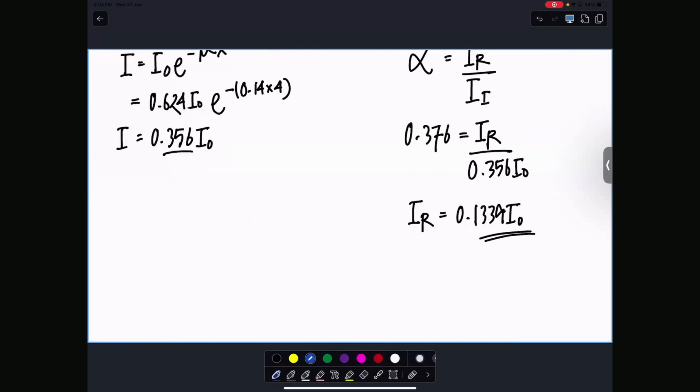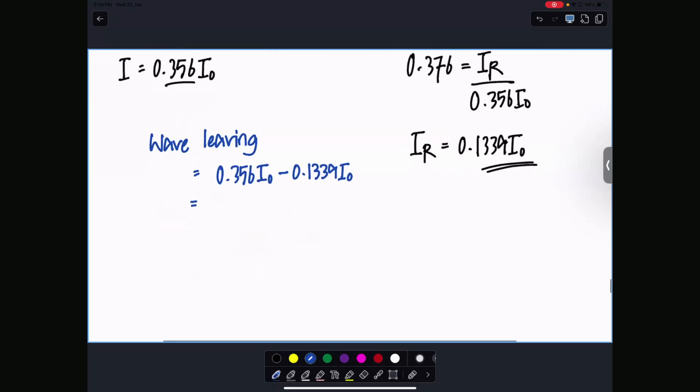So therefore, finally, the one that passes through wave leaving should be how much? Yes, 0.356 I naught minus 0.1339 I naught. কত দেয়? 0.222.